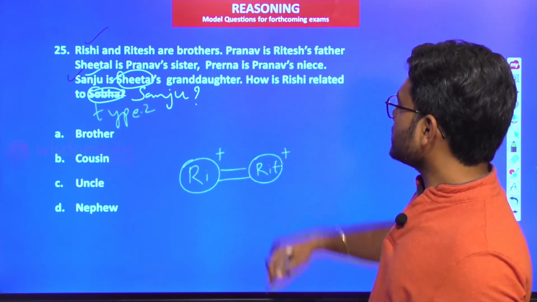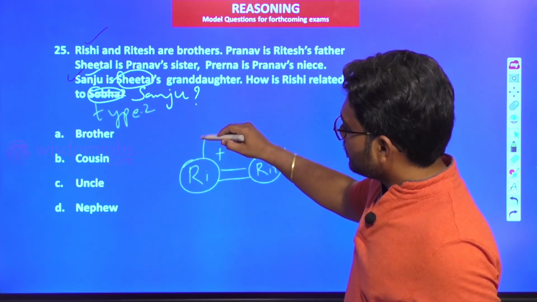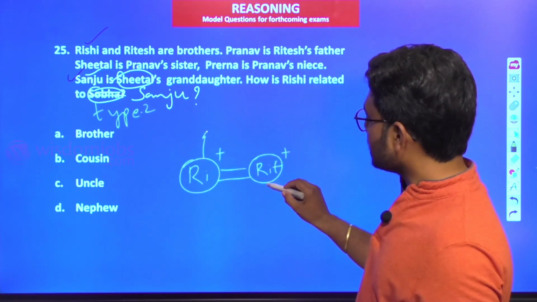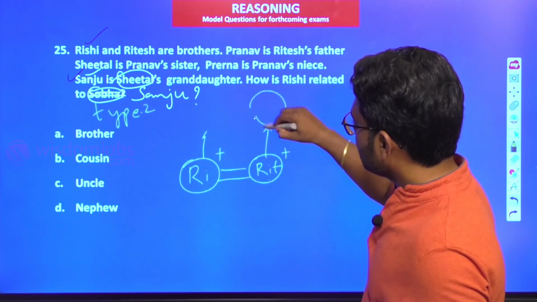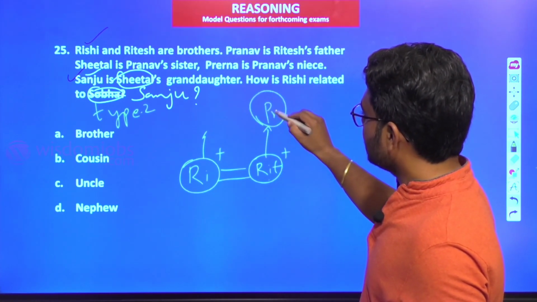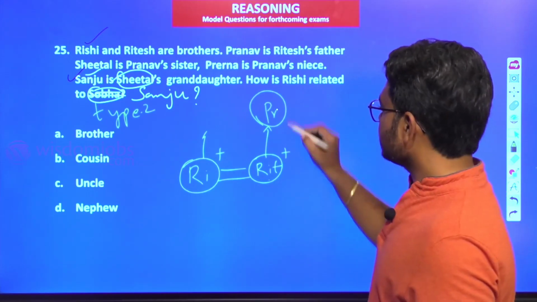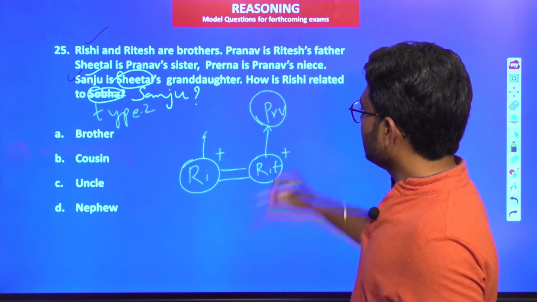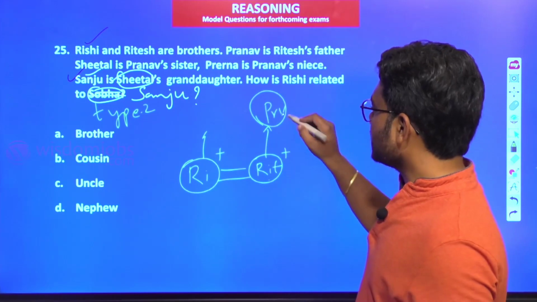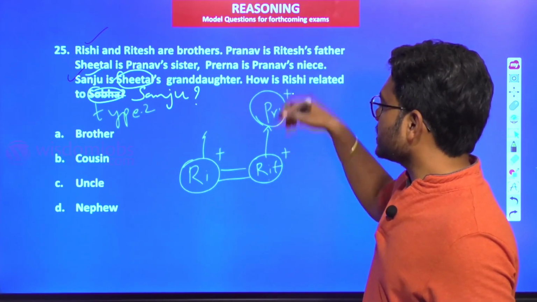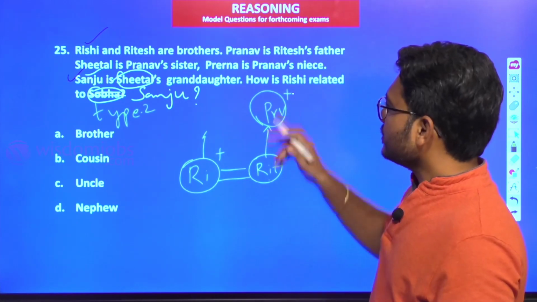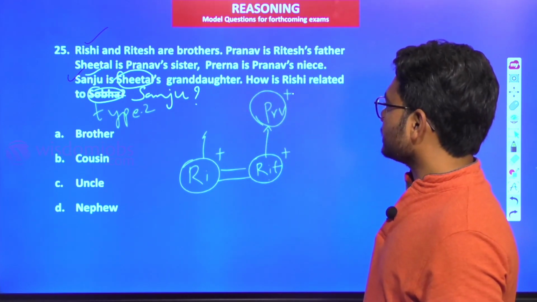Then Pranav is Ritesh's father. Let me write PRV for Pranav. So obviously male, because he is Ritesh's father.